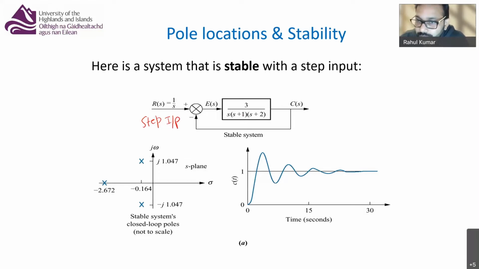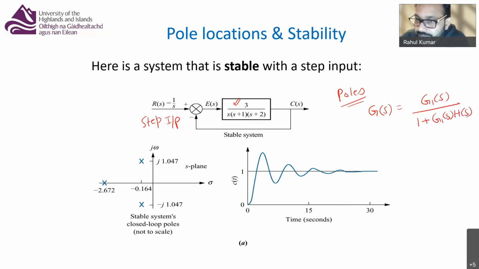So if you now find the value of poles, you cannot directly use this transfer function. Since this is a closed loop system, first of all, you have to find its equivalent. Just now we have discussed how we can calculate the equivalent transfer function. We will use this formula: G1 of s divided by 1 plus G1 of s multiplied by H of s.